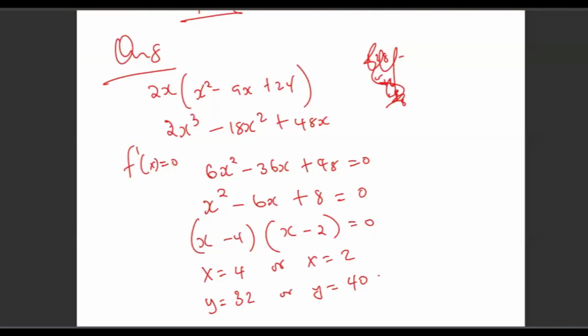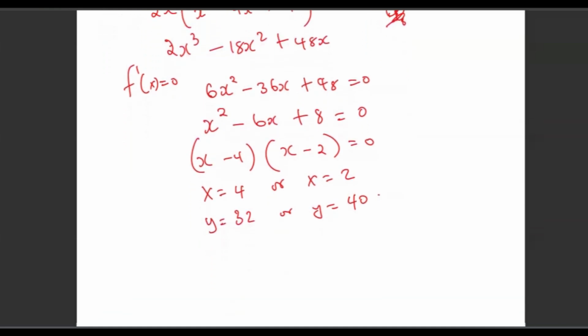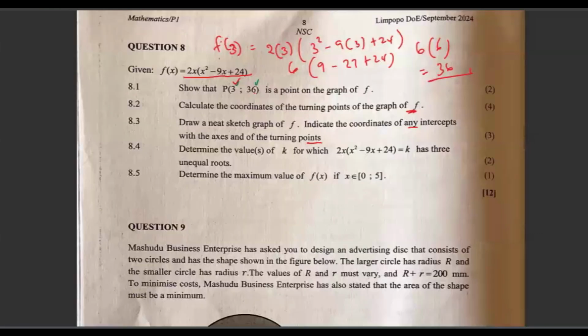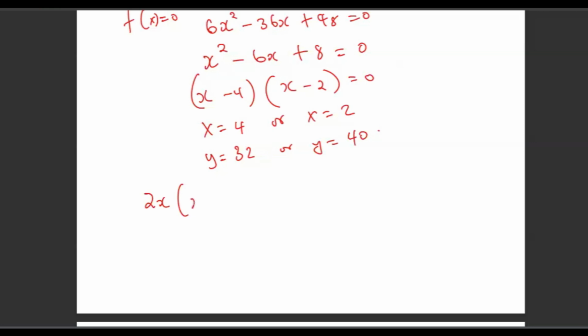8.3. All right, sketching the cubic function. So originally it was 2x into x squared minus 9x plus 24. If I equate this to 0, x is 0, which is an intercept.